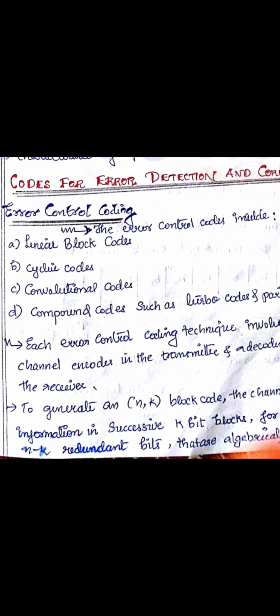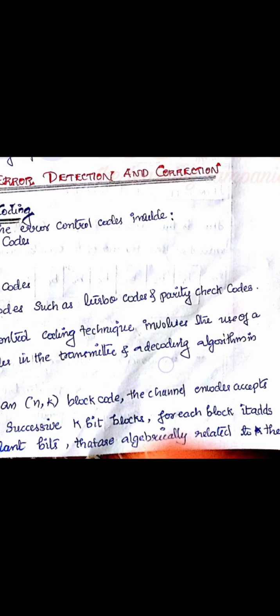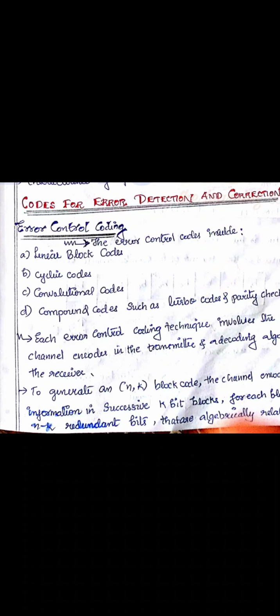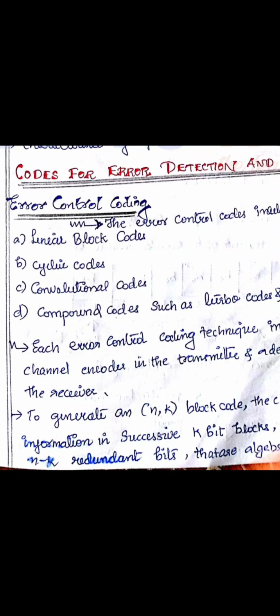There are different types of codes: linear block code, cyclic code, convolutional code, and compound codes such as turbo codes and parity check codes. Parity check code is also an example of linear block code. In this session we are studying linear block code. Module 4 deals with cyclic code, and module 5 deals with convolutional code.